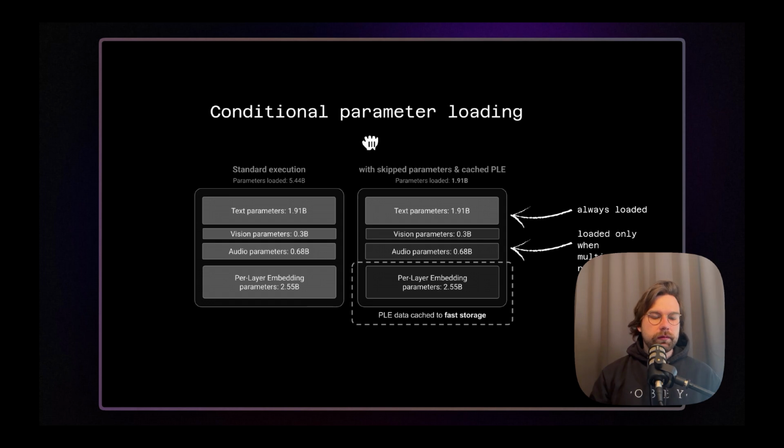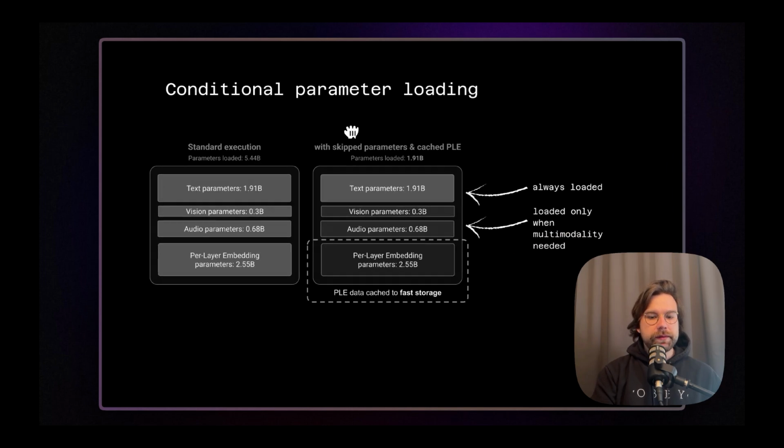And here they decided that if the user doesn't want to use the vision capabilities or the audio capabilities of the model, those parameters don't have to be loaded, right? Because they don't weigh a lot compared to the whole architecture, but they still, especially the audio one, use some amount of space in the memory.